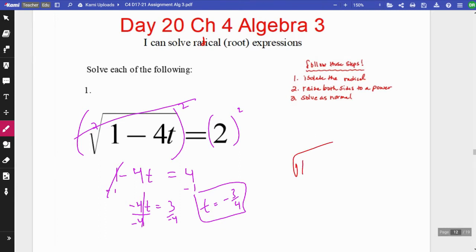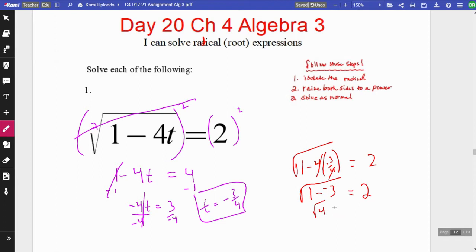We have square root of 1 minus 4 times negative 3/4 equals 2. And this is just a test to see what we get. Treat this like a grouping symbol. So 3/4 and 4 multiplied together, the denominators would cancel. You'd get 1 minus a negative 3 equals 2. 1 minus negative 3 is really plus a positive.